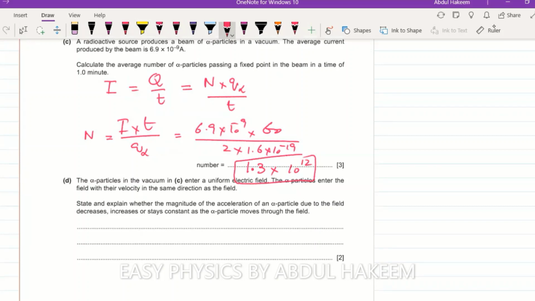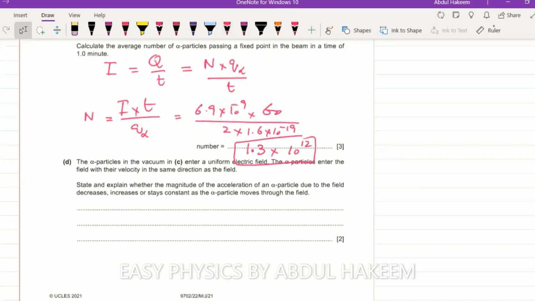Now the next is the alpha particle in a vacuum enters a uniform electric field. The alpha particle enters the field with its velocity in the same direction as the field. State and explain whether the magnitude of the acceleration of the alpha particle due to the field decreases, increases, or stays constant as the alpha particle moves through the field.